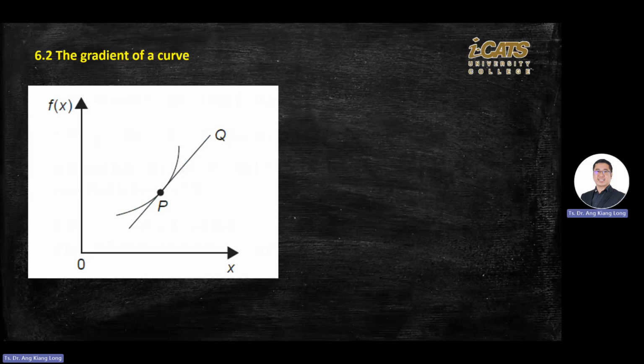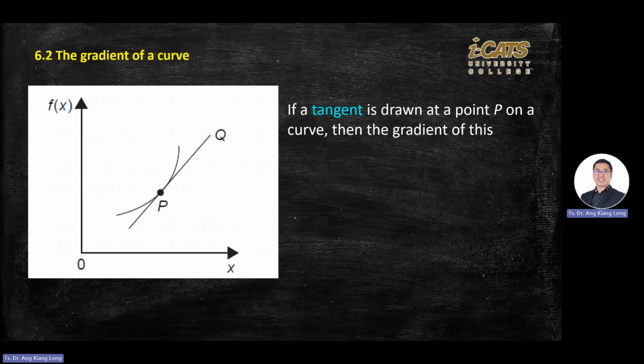Here you see function f. This is y. From this chapter onwards, remember, we no longer use y. We start to use functional notation. Those coming late, you need to recall what was recorded. So this is a curve. What do I mean by finding the tangent? Tangent is when you have a curve and you draw a line.